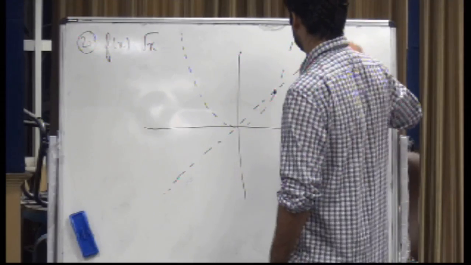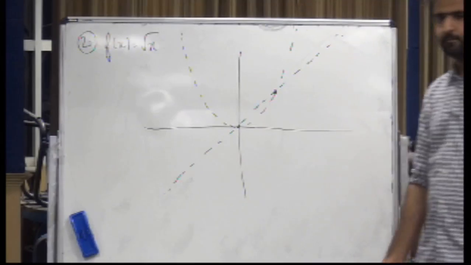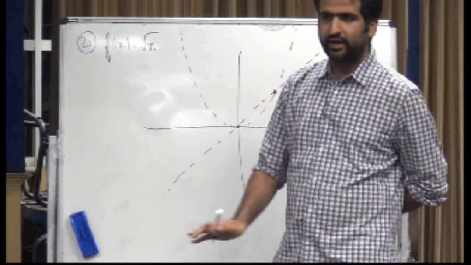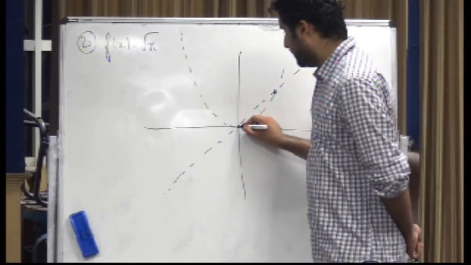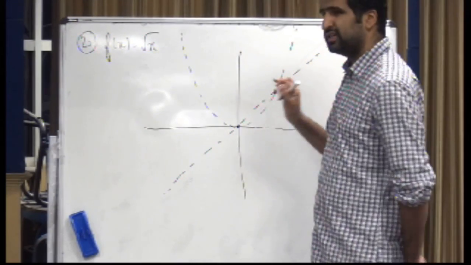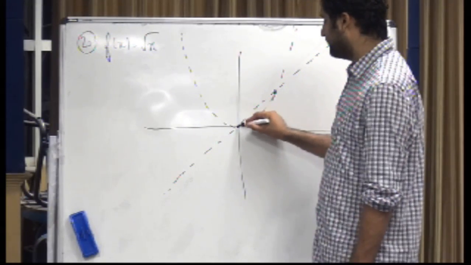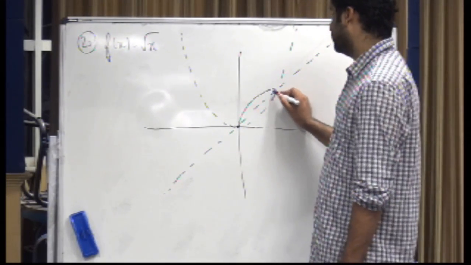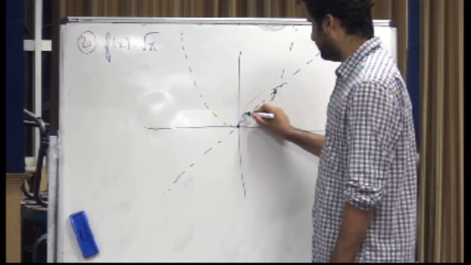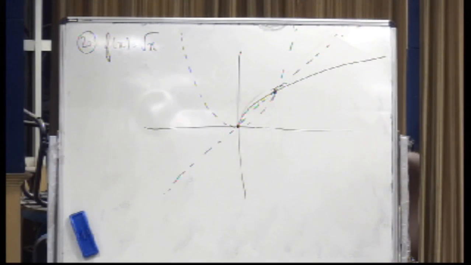So let's suppose this is the meeting point. We know that (1, 1) is a point. After interchanging the values, (1, 1) will again be there. (1, 1) is present and (0, 0) is also present. So for the mirror image, just try to make the mirror images in parts. The mirror image of this part will be this, and the mirror image of the other part will be this. So this will be the graph.